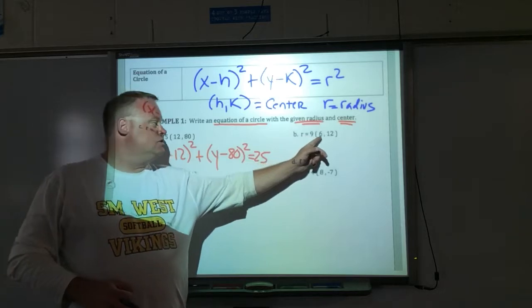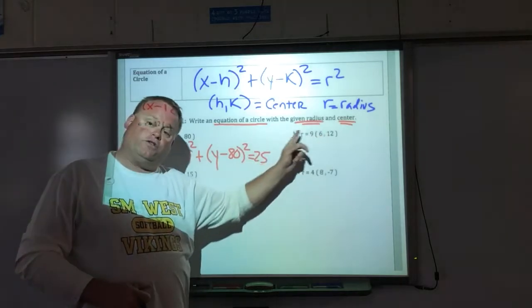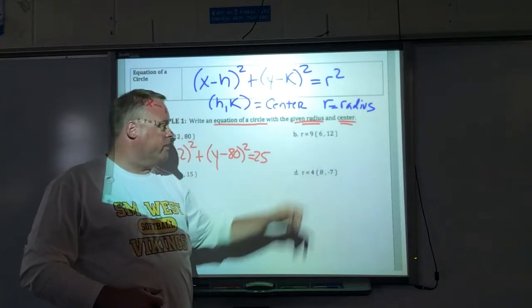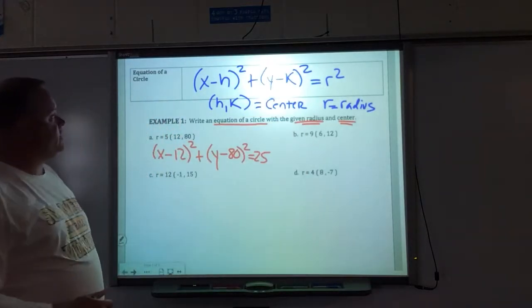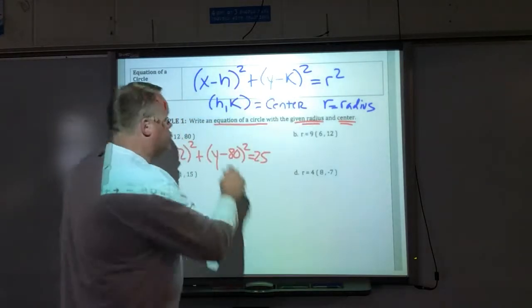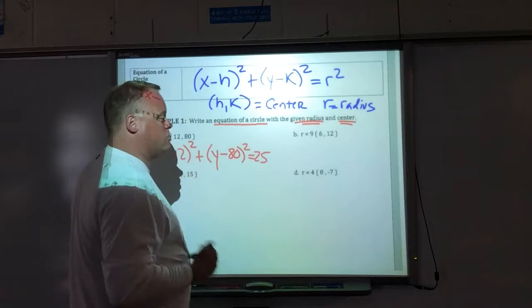The second one. The center is (6, 12), with a radius of 9. So if I look at this, (x minus h) squared plus (y minus k) squared equals radius squared. The center (h, k), that is my equation.